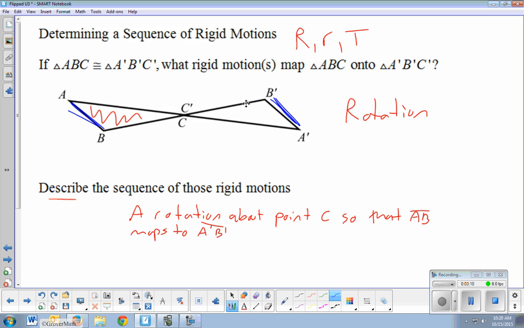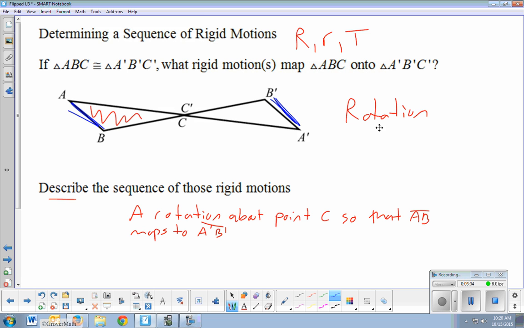And when that happens, I know the triangles will be on top of each other perfectly. So did it have to be AB onto A prime, B prime? Could it have been AC onto A prime, C prime? Yes. Could I have just said until angle A maps to angle A prime? Yes. But it's a little bit better to say sides because there are ways for things to map to angles, but then the sides don't line up perfectly. But we'll get into that a little bit.